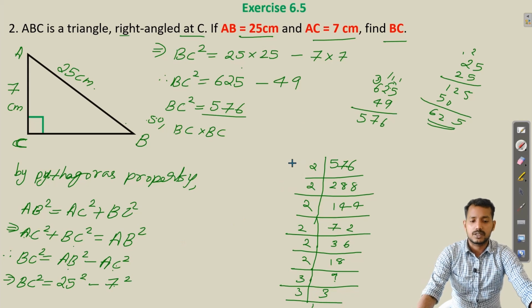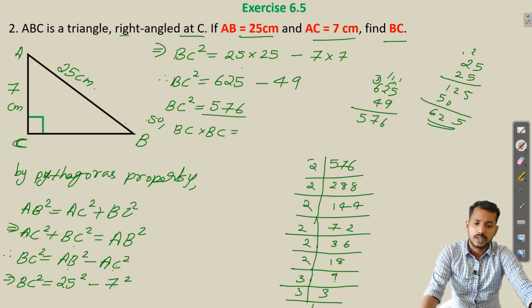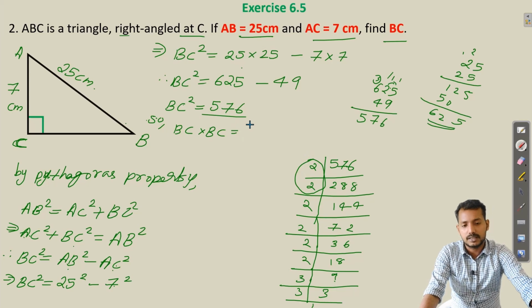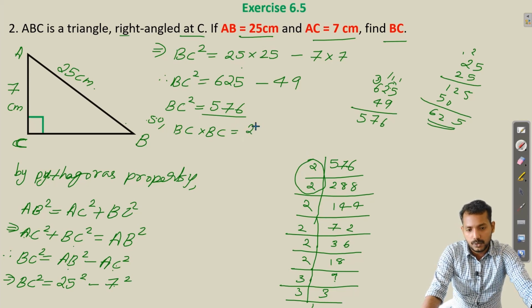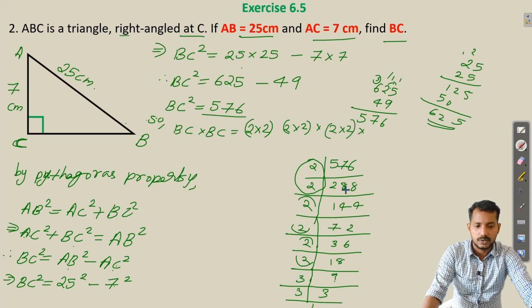Now write these factors here. BC into BC is actually 2 times 2, right? Here one pair is there. From one pair, 2 into 2, another pair, one more pair is given here, 2 into 2. And one more pair is another 2 into 2, into 3 into 3.